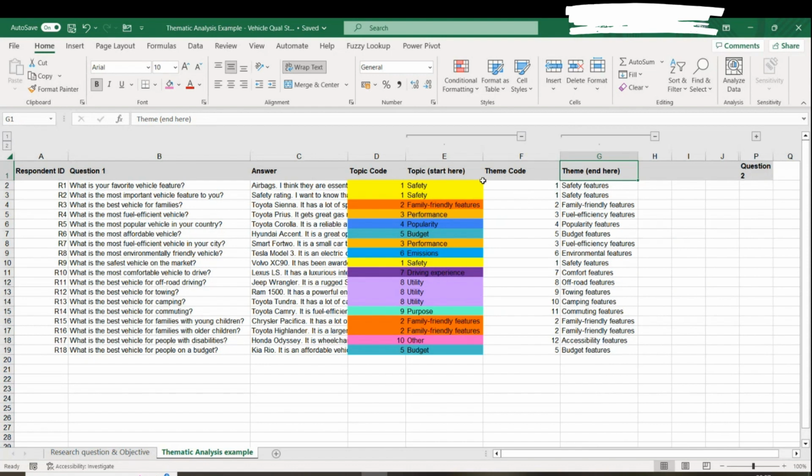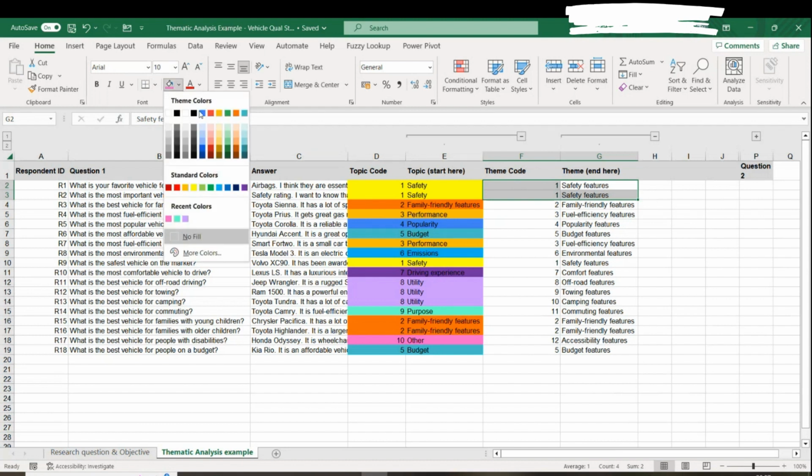So based off what people said, speaking to safety, the theme here is safety features. These people are after safety features, and you can give it a different color, because now you're focusing on themes.